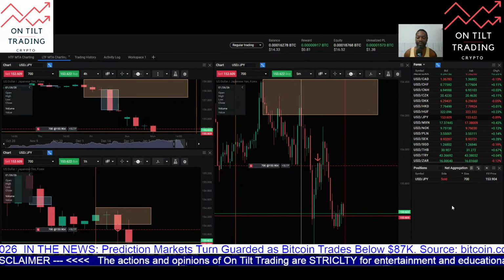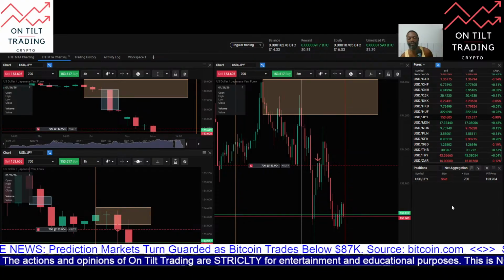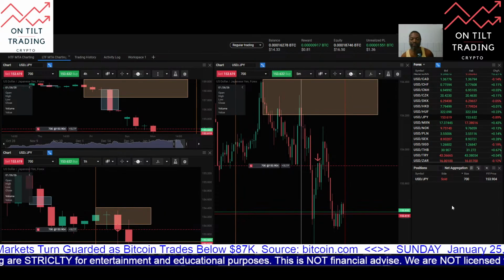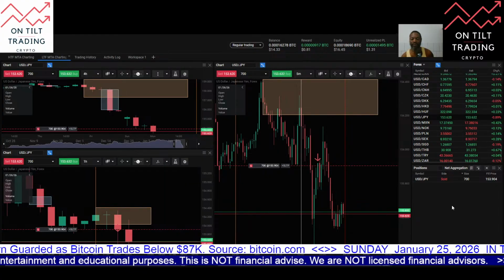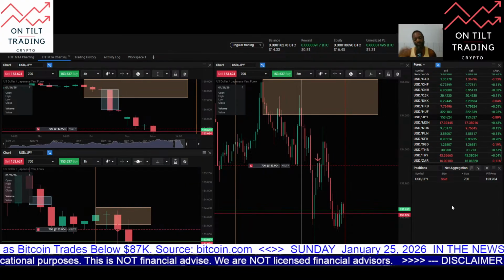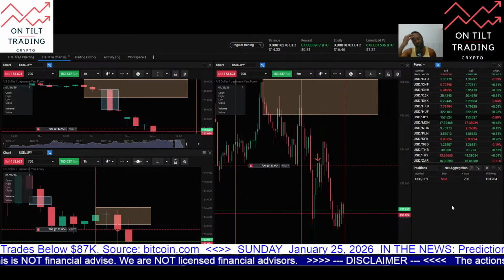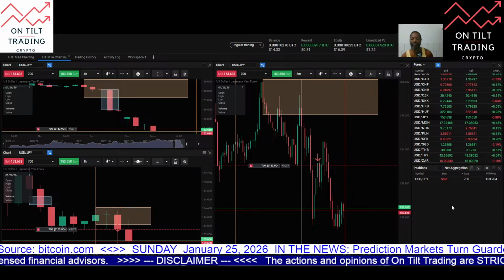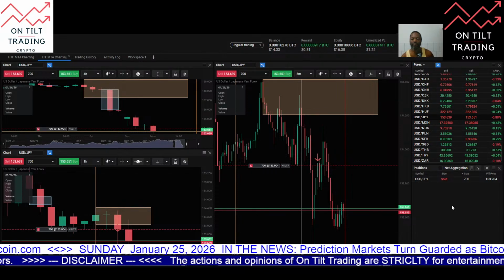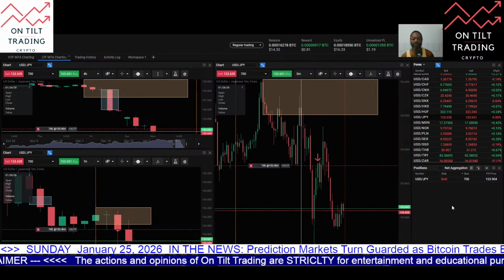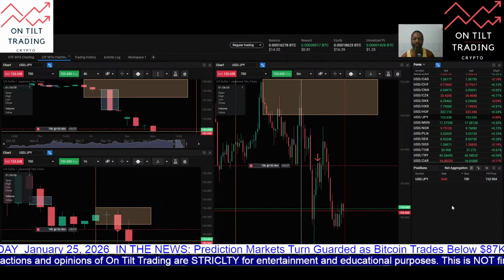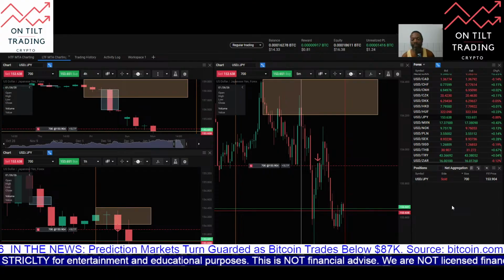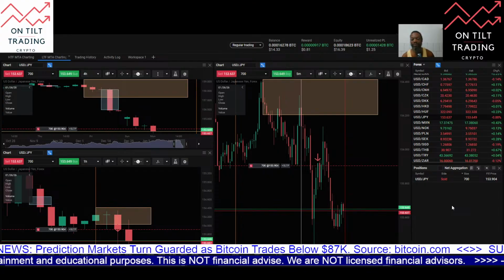Price now consolidating here at the 153.600 level. 153.620. 153.650 back to the buy side here. So price consolidating here between 153.650 and 153.600 currently.